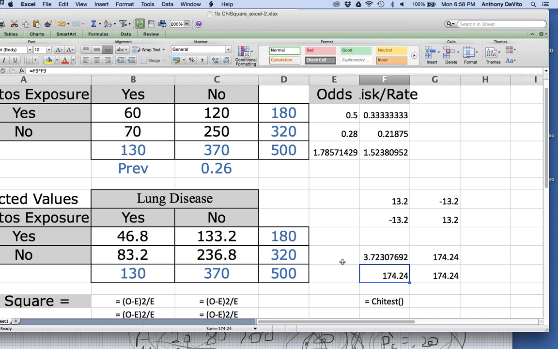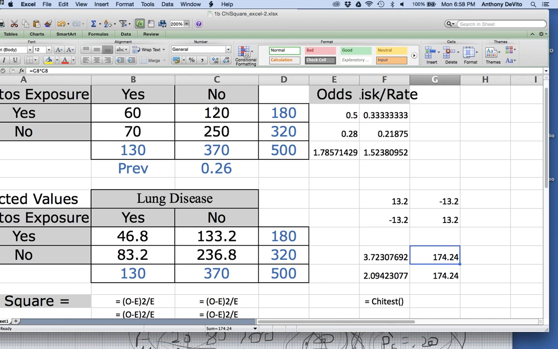Then for the second cell, I take the observed minus the expected, square it, and divide by the expected value, 83.2.